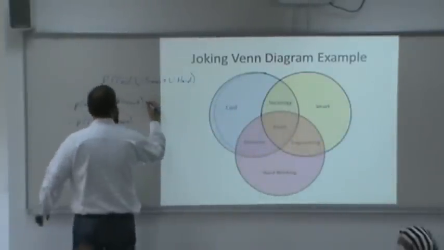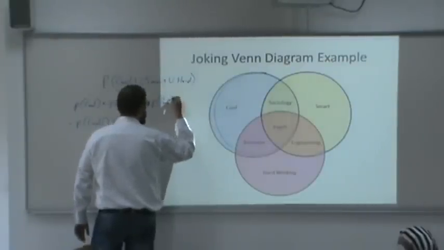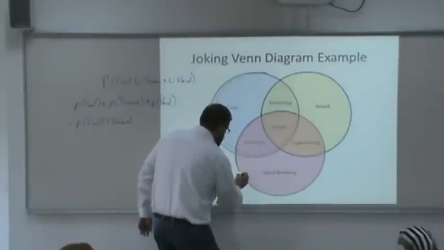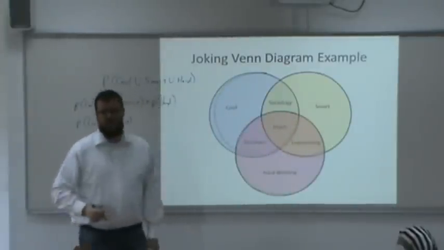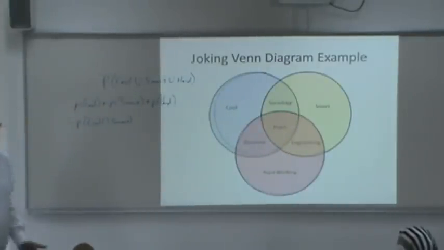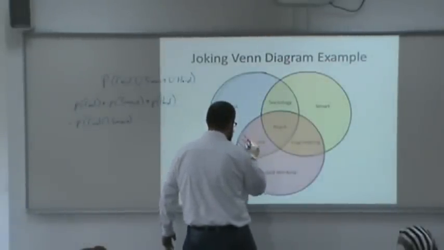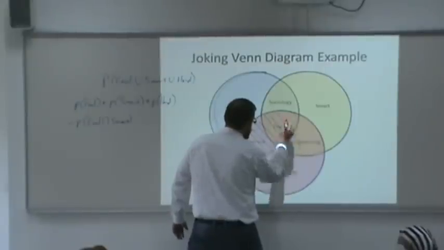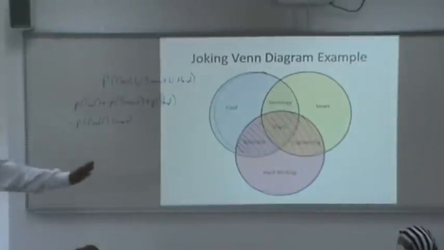Now we also want to add in probability hard. Okay, so we add this in. Now, what do we have? Well, now we have a lot of overlap. All that indicates duplicated information, and we need to get rid of that.